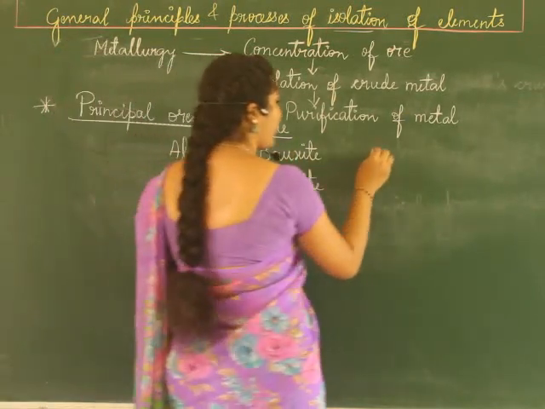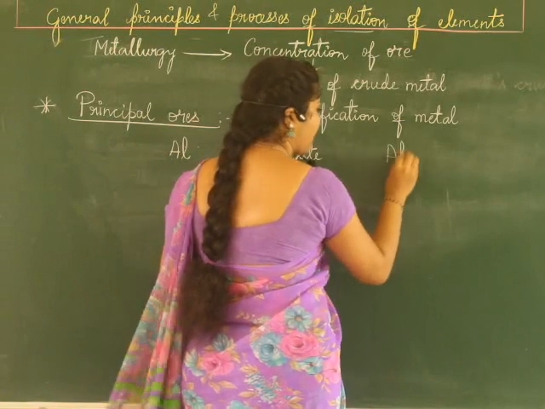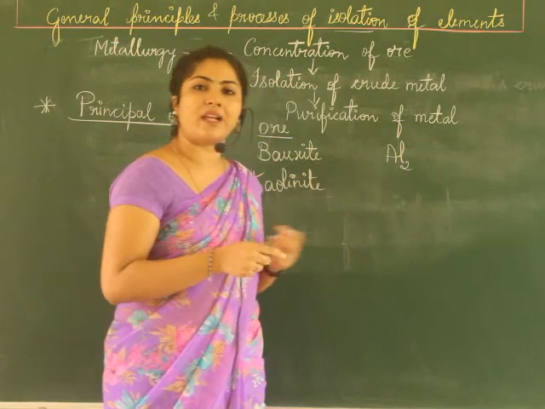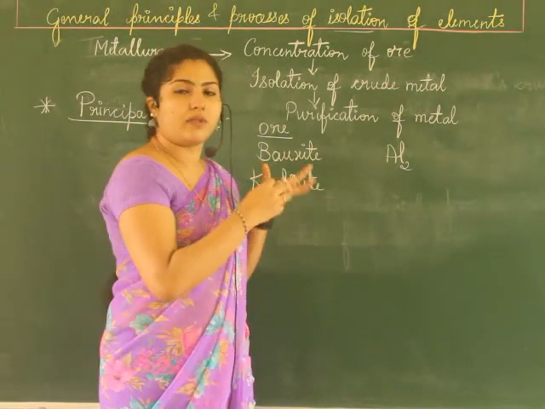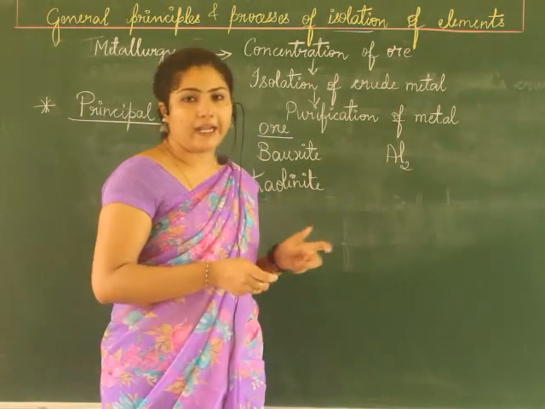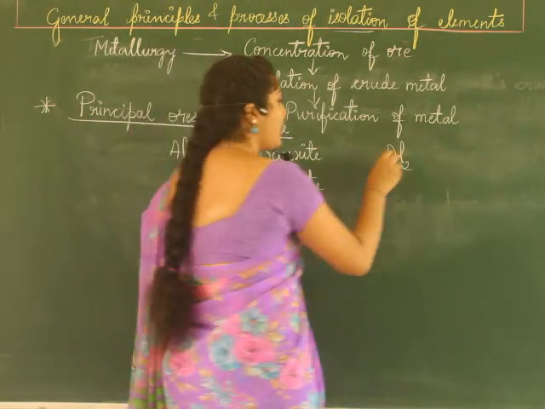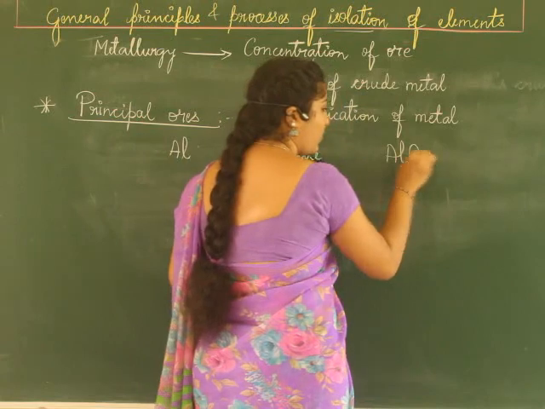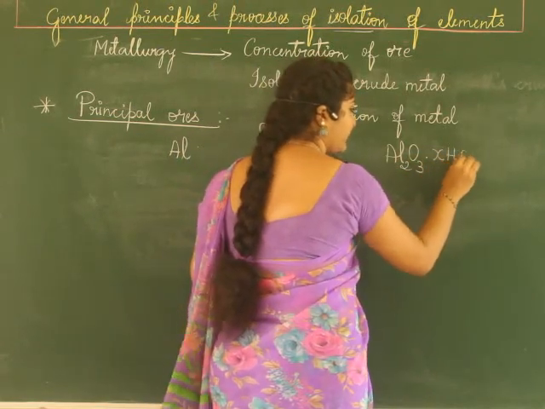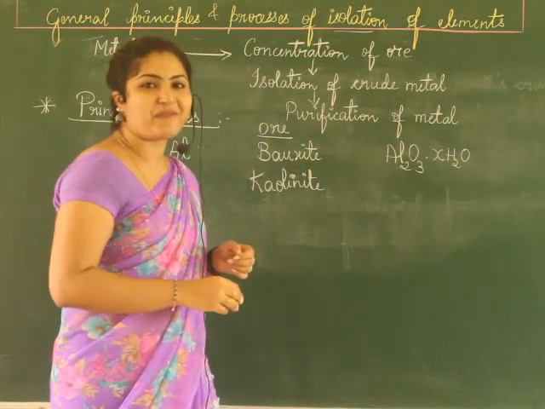The formula for bauxite, generally in the textbook if you observe, you can see that this particular formula is given in detail with all the mentioning of all the particular atoms in it. Generally we can write it as Al2O3.xH2O. This is a general representation of bauxite ore.